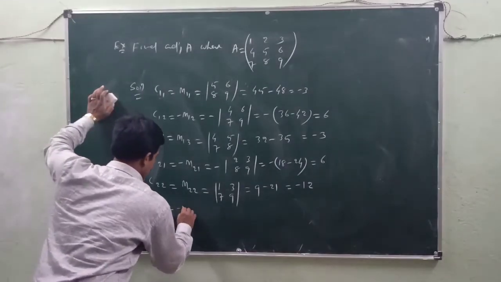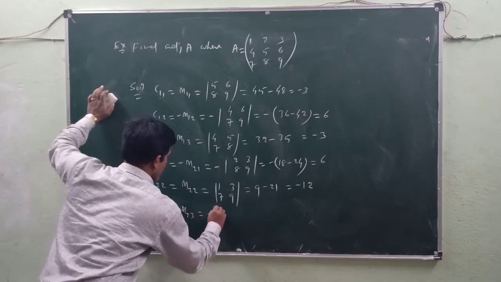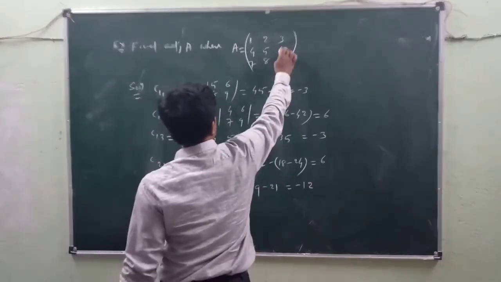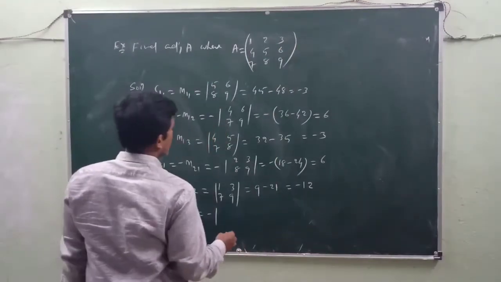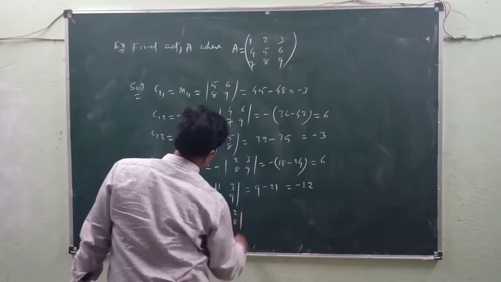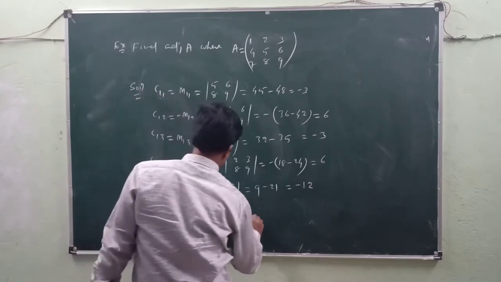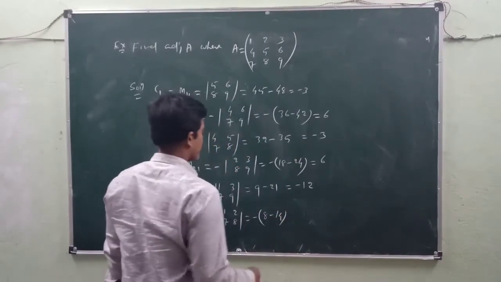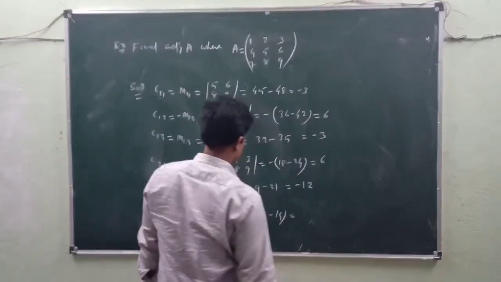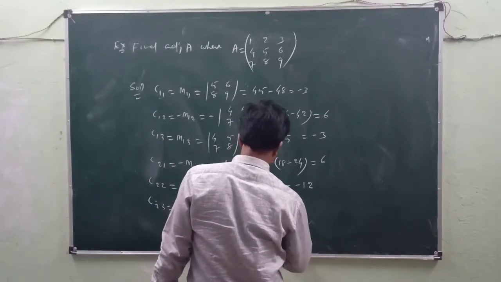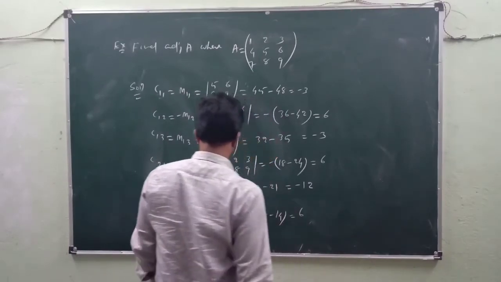It will be the determinant of 1, 2, 7, 8, that is minus of 8 minus 14, that equals minus minus 6, that is 6.